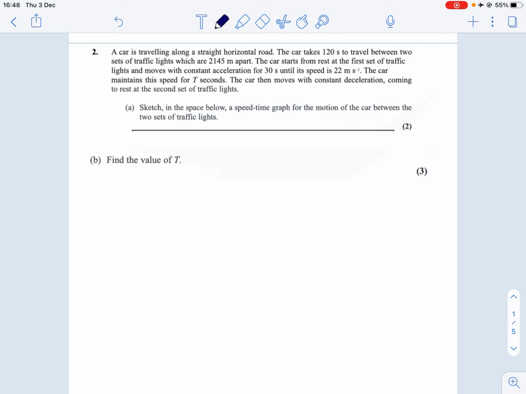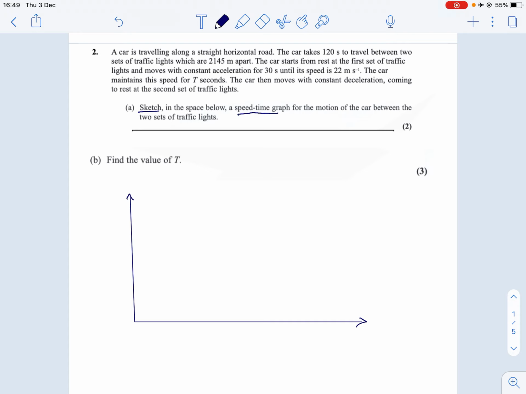So question 2, it asks us to sketch the speed time graph of the motion. So when we're doing a speed time graph, it's only a sketch, so it doesn't have to be to scale.